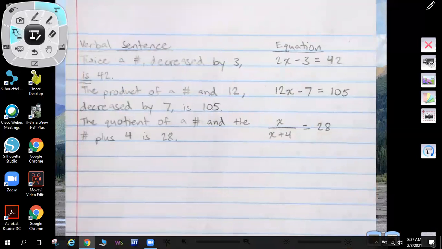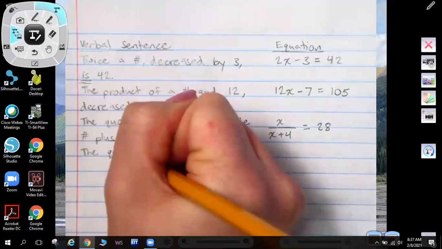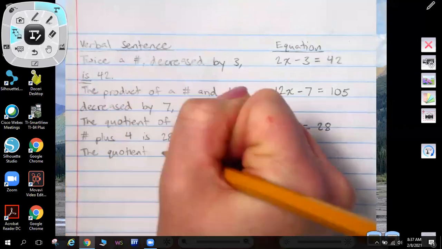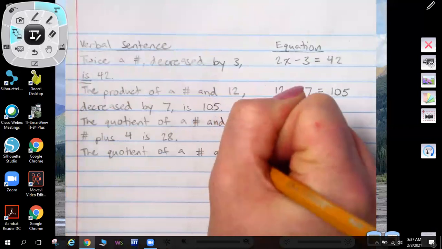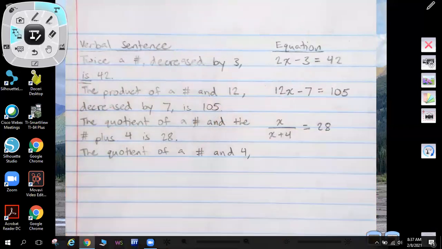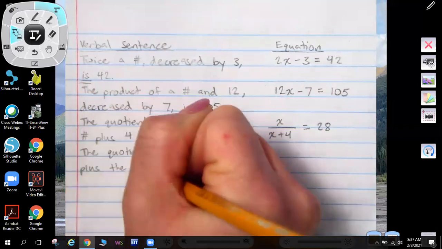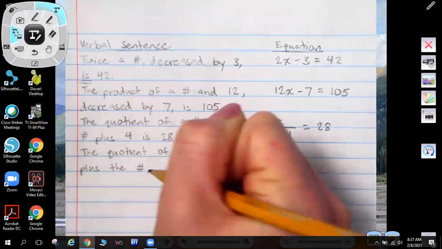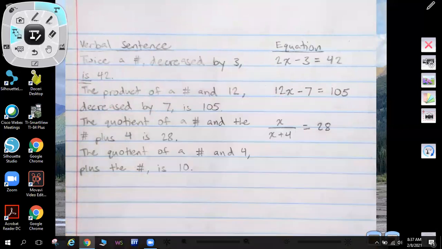The next sentence, the quotient of a number and 4 plus the number is 10.